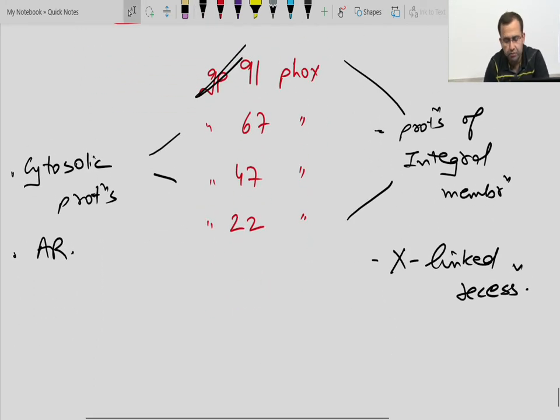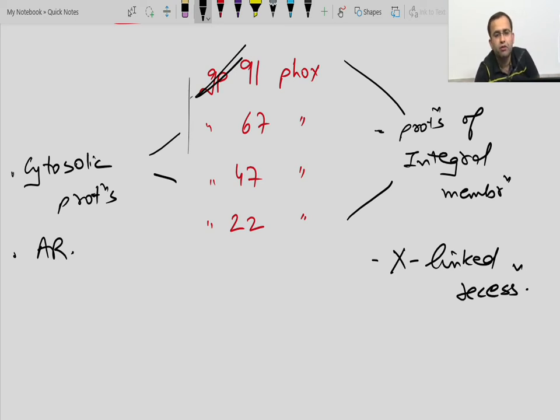Even if it was not mentioned as X-linked recessive, let us assume chronic granulomatous disease was asked with these options, which one will you mark? GP91 phox. Why? Because defects in this are more common. So if you are asked the inheritance pattern of chronic granulomatous disease, it is X-linked recessive. This is the most common inheritance pattern.